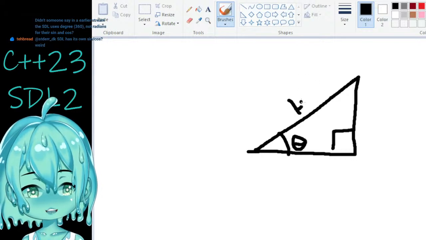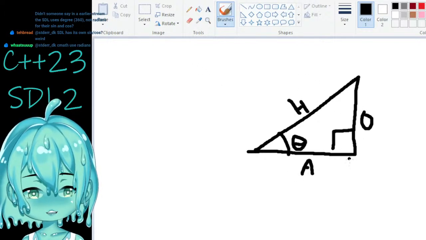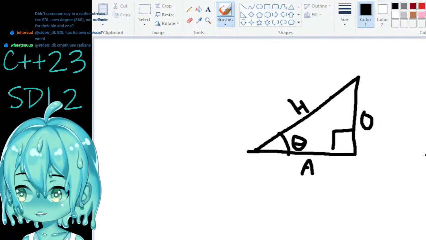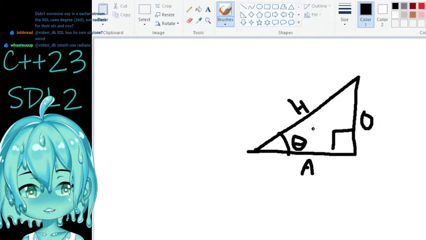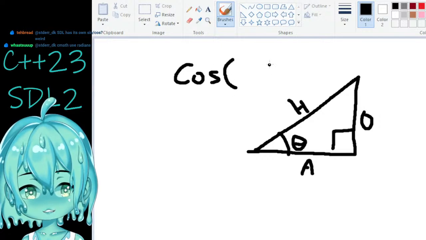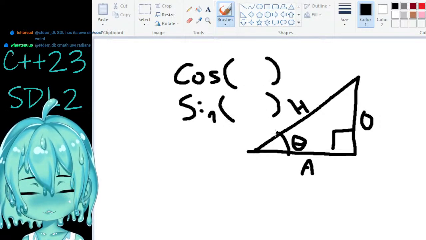If this is the hypotenuse, this is the opposite, this is the adjacent. So we're saying the X value and the Y value are what we're going to be changing, like the bullet speed. That's why we have cosine and sine. So cosine and sine, how do we find those numbers?